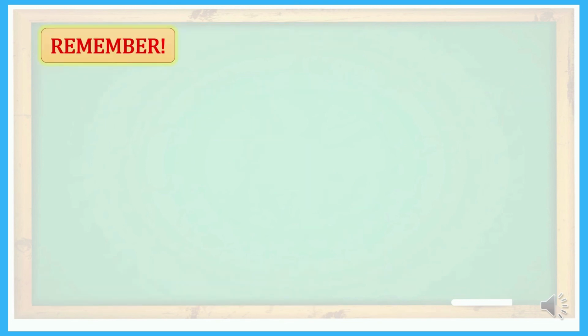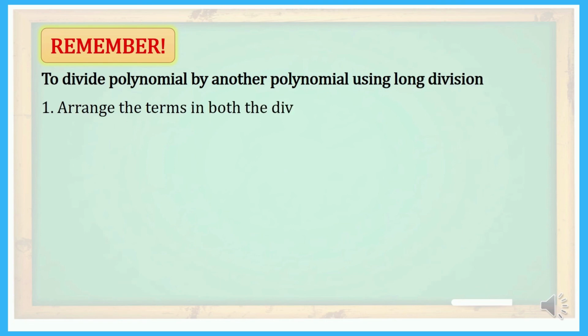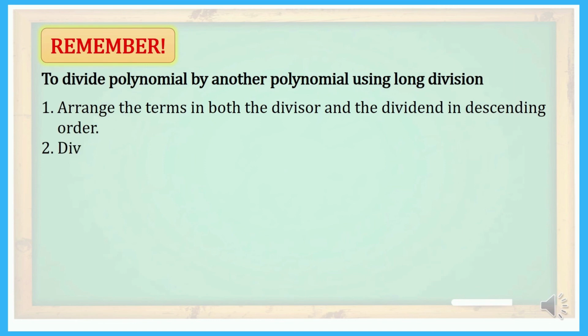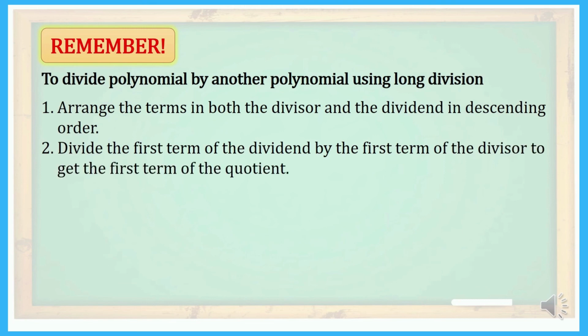Remember, to divide a polynomial by another polynomial using long division, first arrange the terms in both the divisor and the dividend in descending order. Second, divide the first term of the dividend by the first term of the divisor to get the first term of the quotient.